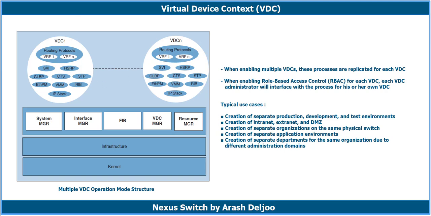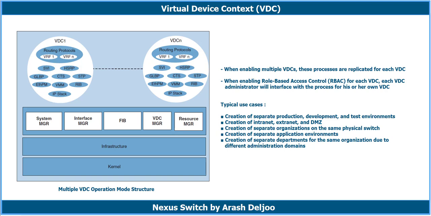As you can see here, you can have fault isolation, separate administration per VDC, separate data traffic, and hardware partitioning. Also, the following are typical use cases for the Cisco Nexus 7000 VDC, which can be used in the design of the data center.